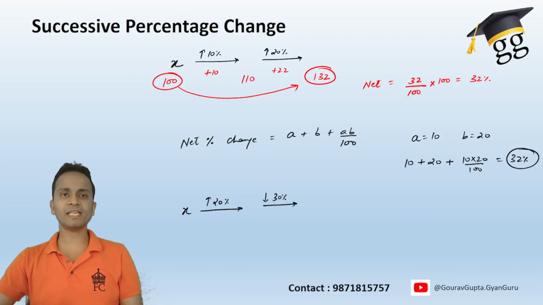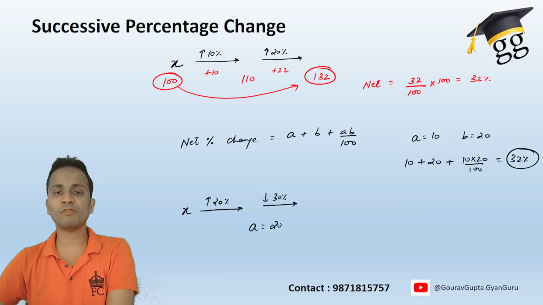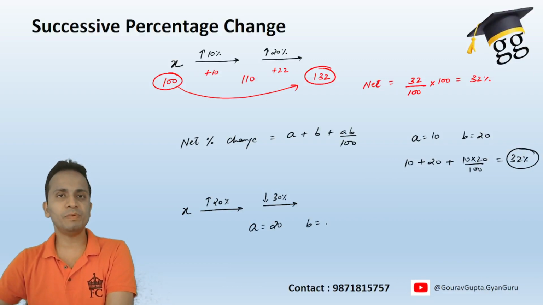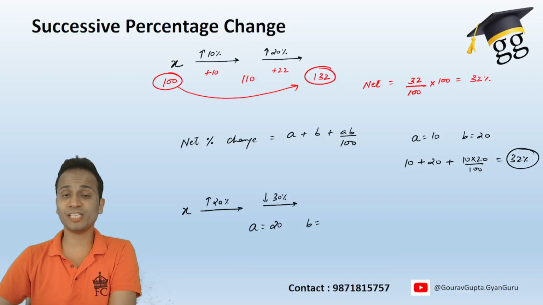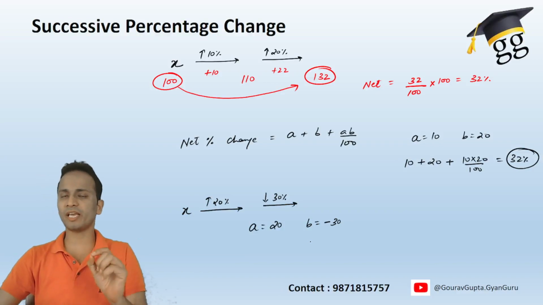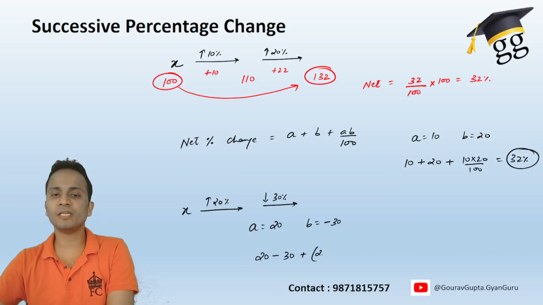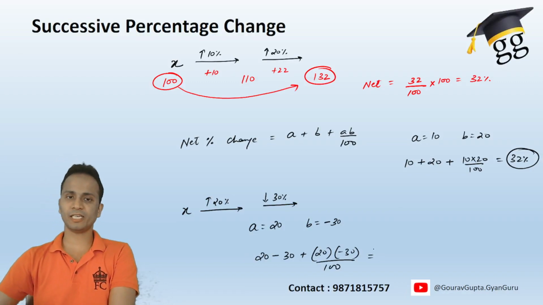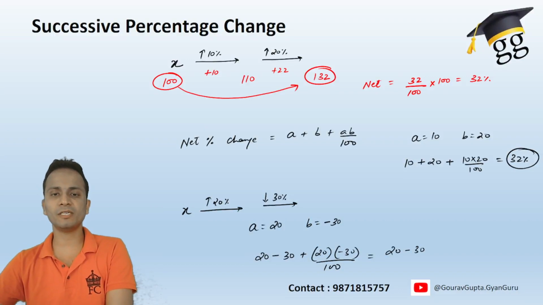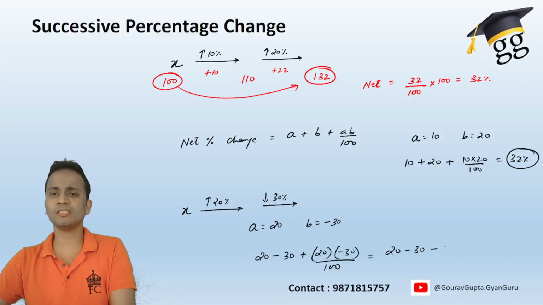Okay, now in this case, since there is an increase of 20%, the value of A will be plus 20, and the value of B, for obvious reasons, since it is a decrease, सो B का वैल्यू कितना हो जाएगा -30। अब ये दोनों वैल्यूज केयरफुली सब्स्टिट्यूट कर दो फॉर्मूले में। सो 20 - 30 plus 20 multiplied by -30 divided by 100, ये आंसर आ जाएगा। सो 20 - 30 minus 20 into 30 is -600 upon 100 is -6.